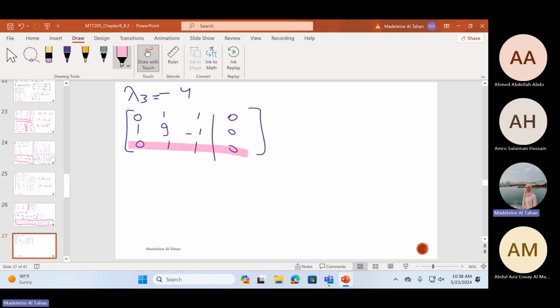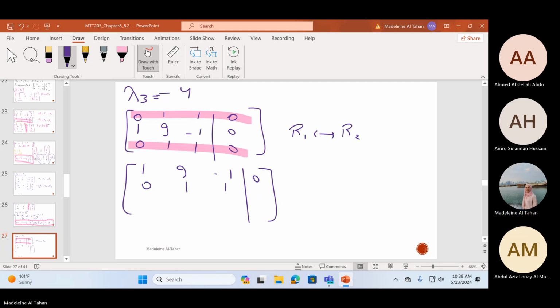Now these two rows are the same. And also, what can we do with R1? We can change it with R2. Do you know why? Why do we need to interchange? So first we will do negative R1 plus R3. We will get this one.